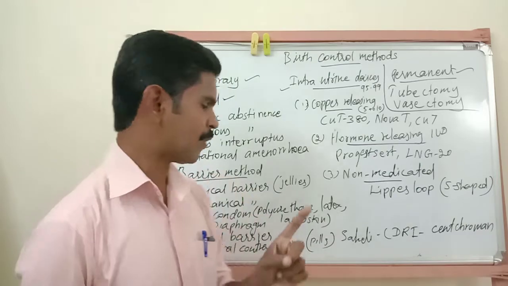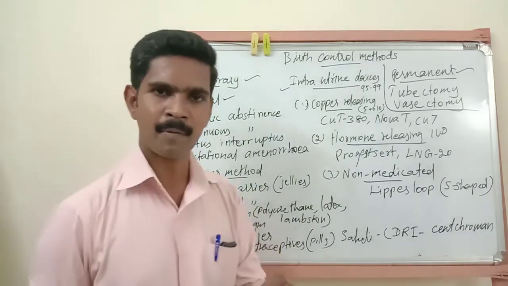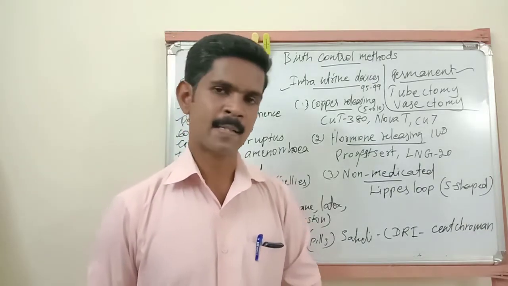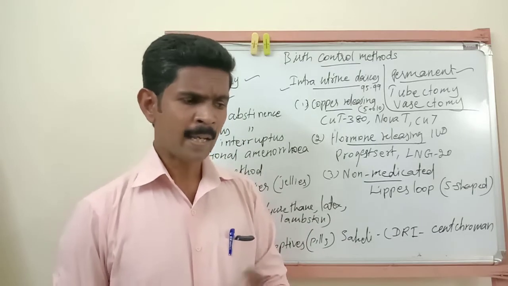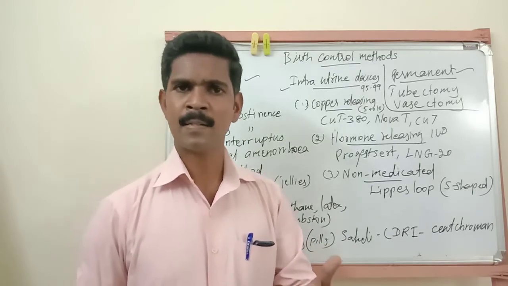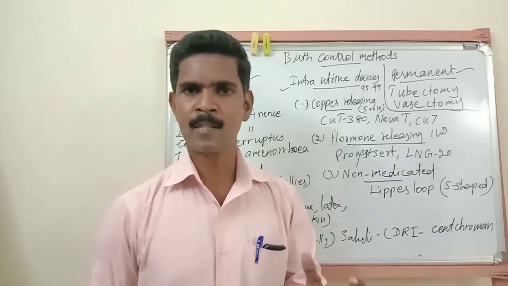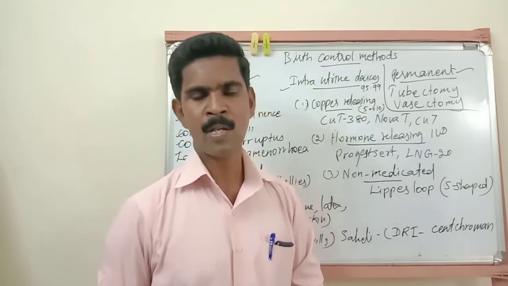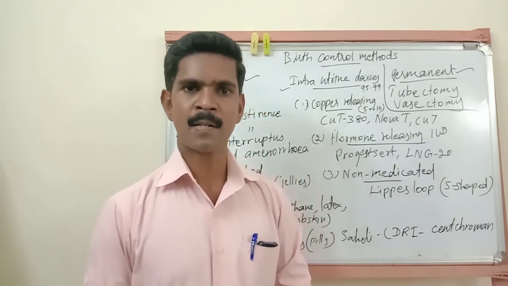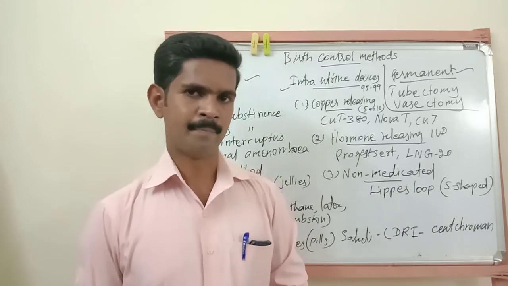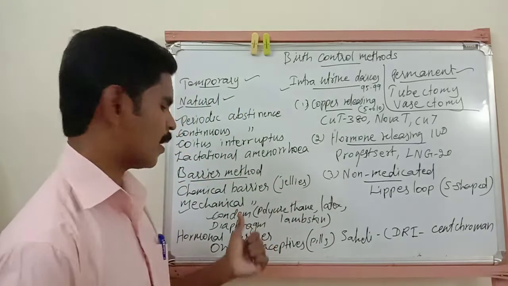One more advantage of the condom is that it can prevent sexually transmitted diseases. An example is AIDS, one of the important sexually transmitted diseases, which is also avoided by using this condom.